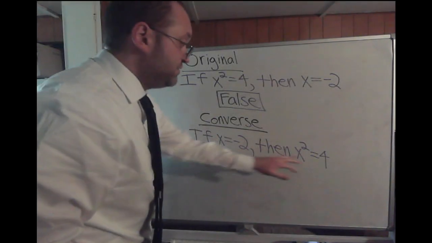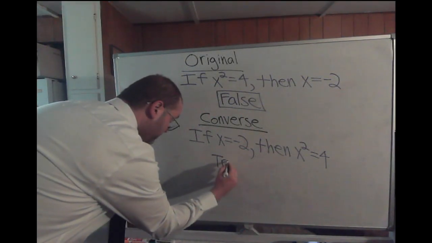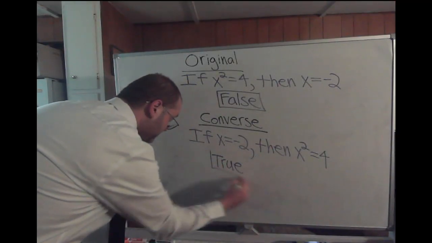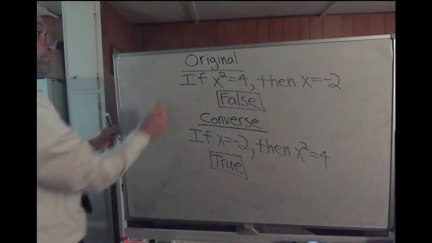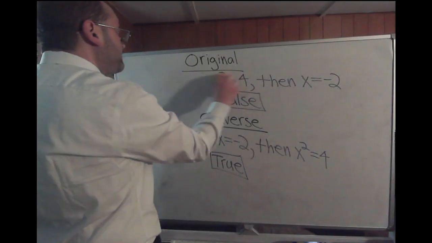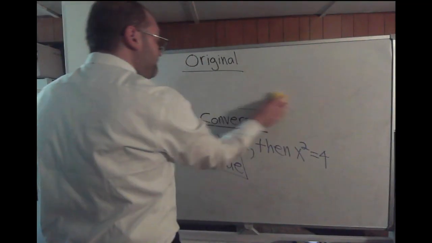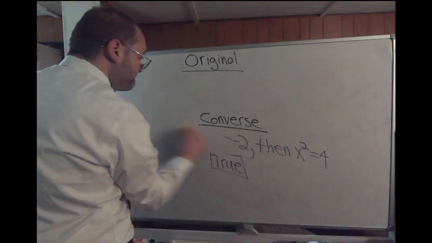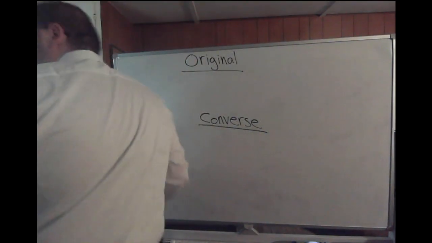If you put in -2 to the second power, you'll get +4. So we know that's a true statement. So the converse is true while the original is false. All right.